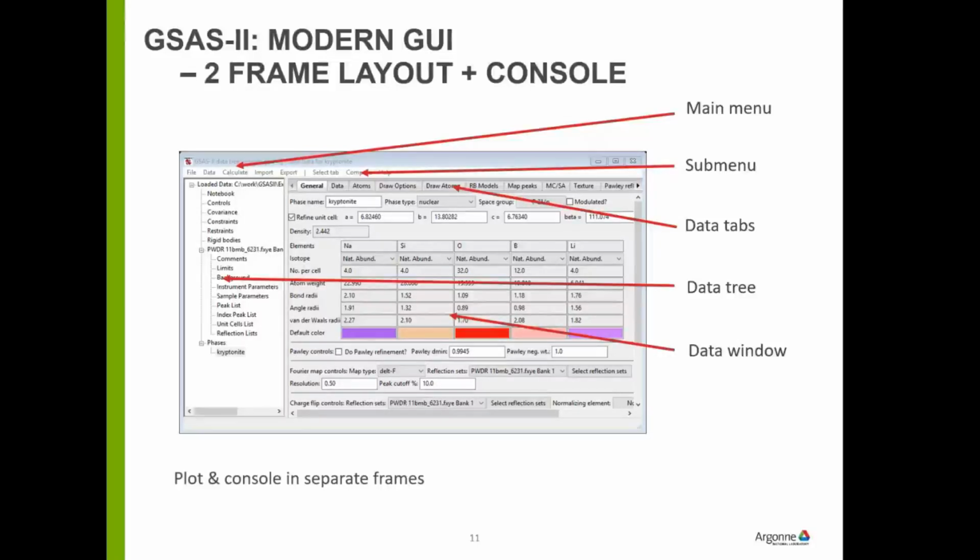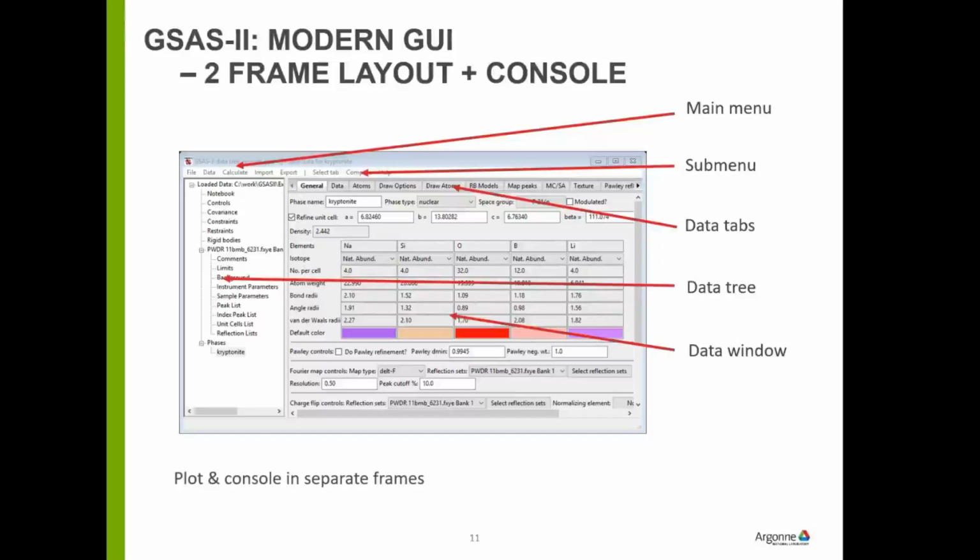And this is composed of 2 pieces, one of which is a tree of the information that's in your project file, which has got things like controls and constraints, powder diffraction data, phases, and so forth. When you pick any one of these things, this window will display the contents of that item, whatever it happens to be.